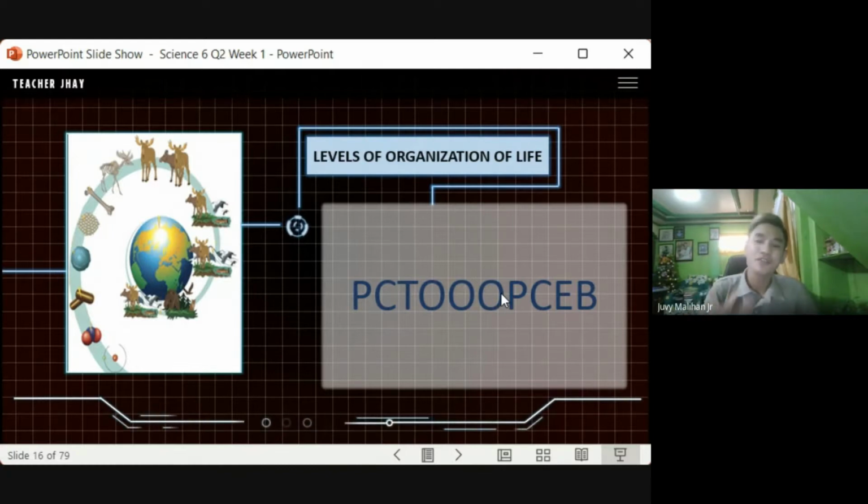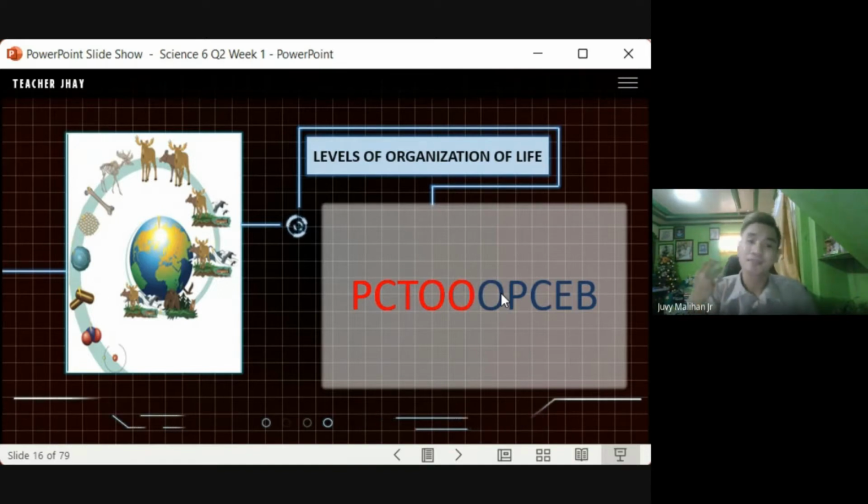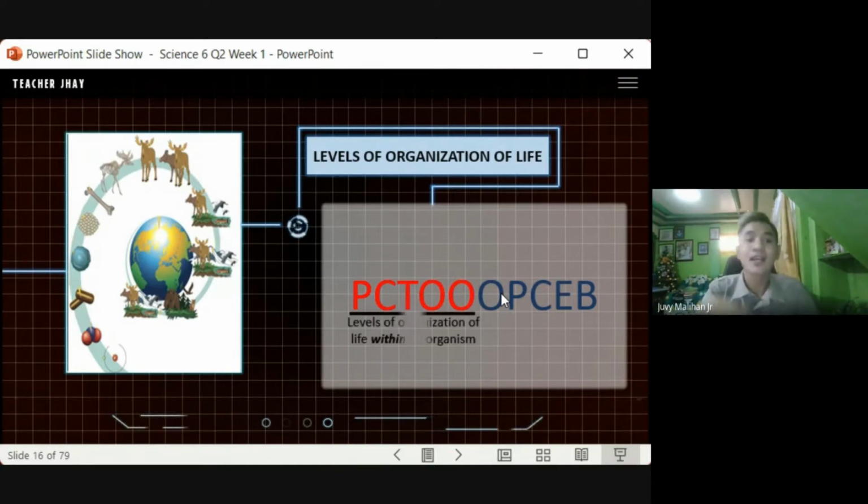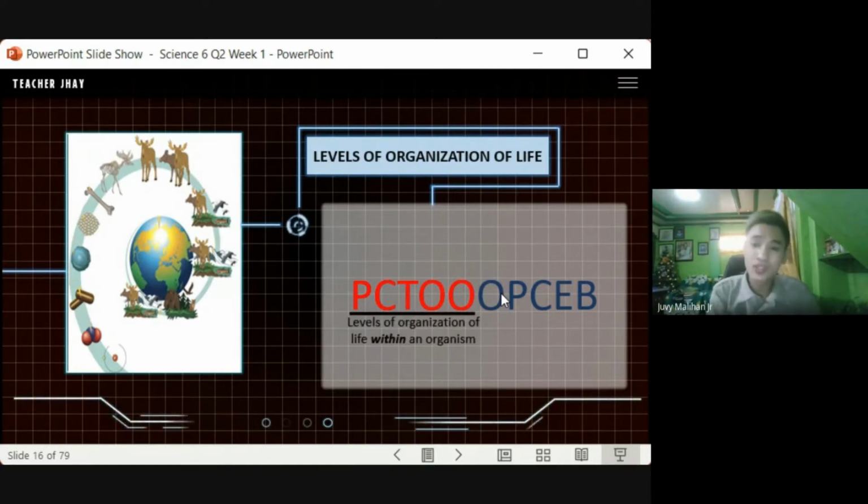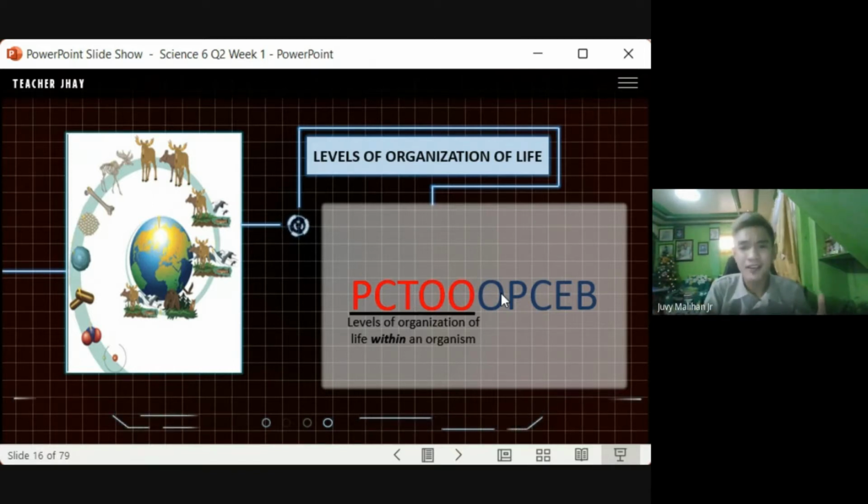So the levels of organization of life within an organism are PCTOO. That is protoplasm, cells, tissues, organs, and organ systems. Those are the levels within an organism. Now, what are the levels of organization of life outside the organism?